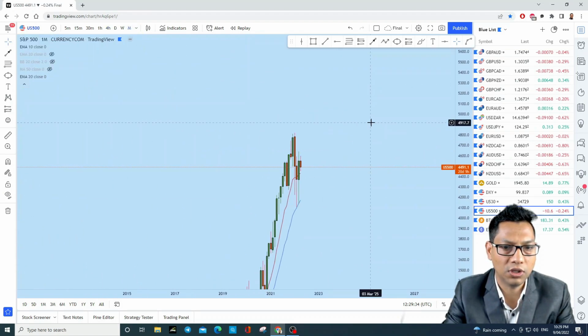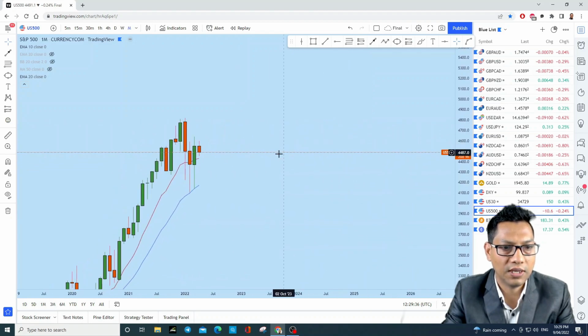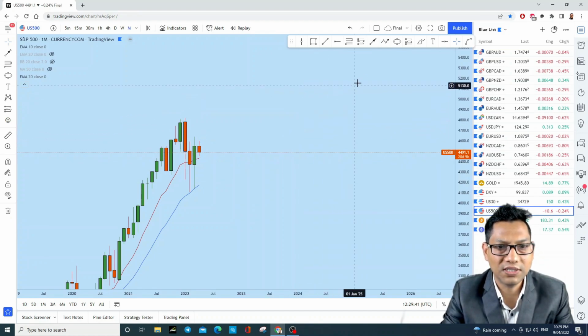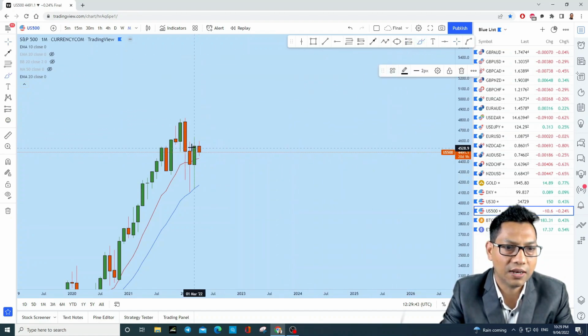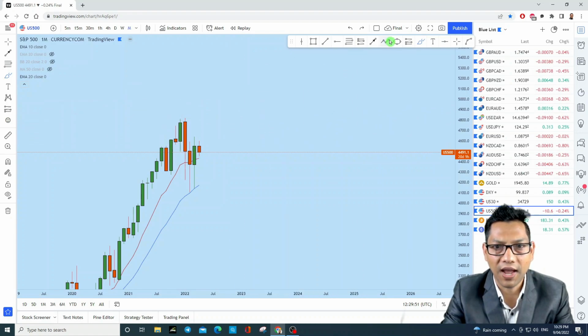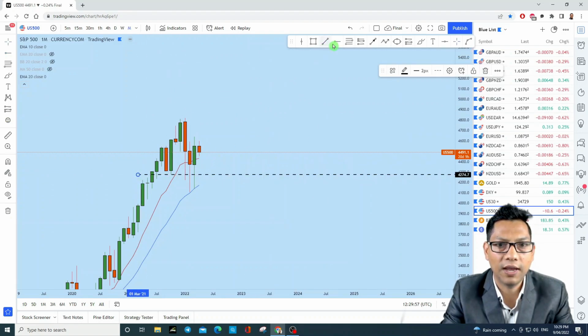Let's see US 500, the same kind of pattern as US30. Let me draw this one as well. In US 500 it's a little different. You see this green candle basically broke the previous candle's high, so it could be a little more bullish than US30, but I think it will also drop to this level, the same way to this level, and upside, let's say here.